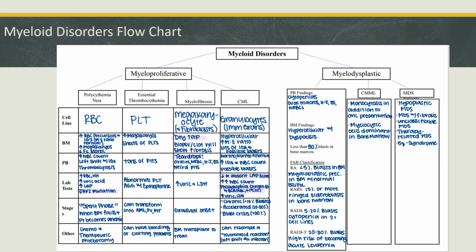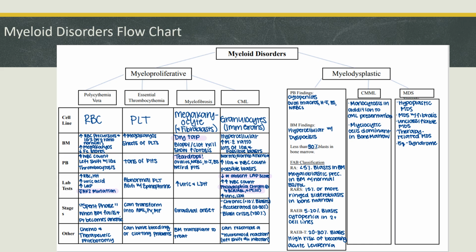So in terms of our MDS, our FAB classifications are refractory anemia, and ultimately we're going to see less than 5 to 10% of blasts in the bone marrow. We're going to see those megaloblastic precursors in bone marrow, but we're going to have a normal B12 and folate. Then we're going to have a refractory anemia with ring sideroblasts, so 15% or more ring sideroblasts in the bone marrow.